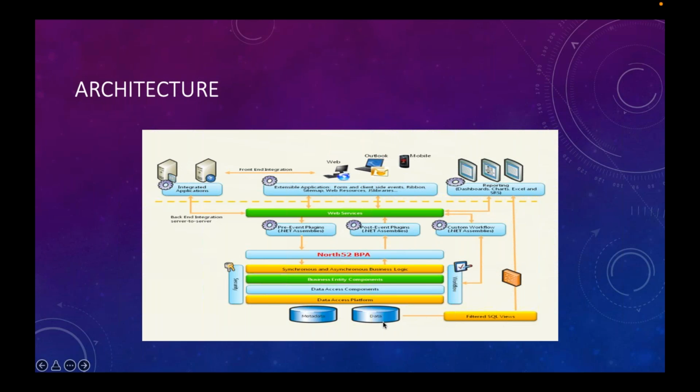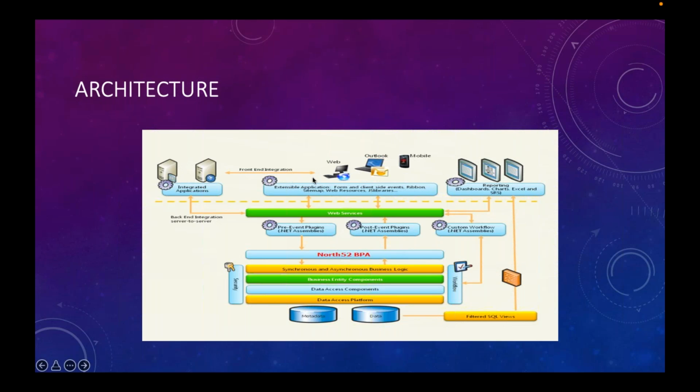Whatever events are performed through web, Outlook or mobile should come and get into the database. Then only can we view whatever changes have been implemented on the UI, on the unified interface.